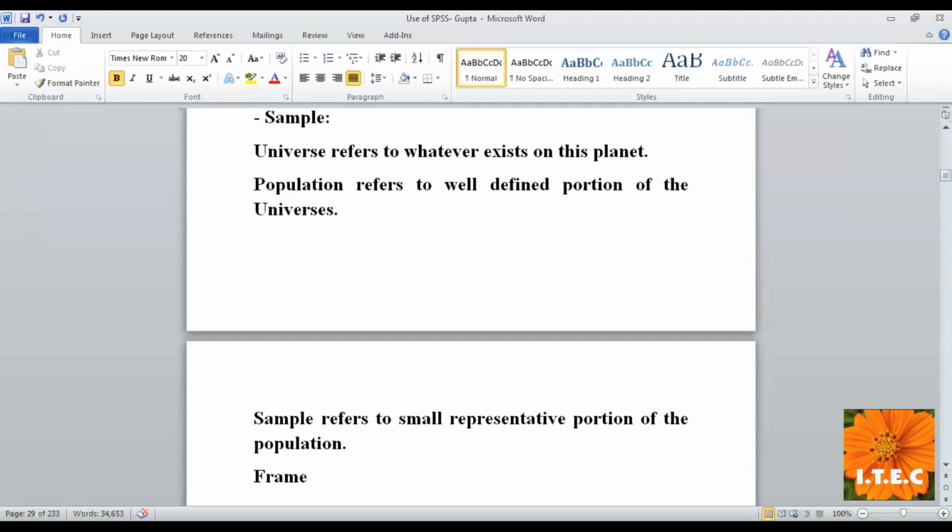That is the frame. Now, you know, in science, you have labs. And in labs, you have got the stock register. In the stock register, you have the list of all the items which are available in the lab. So that becomes your frame.